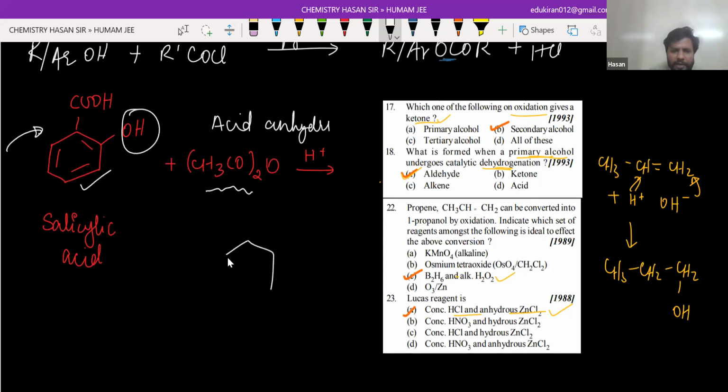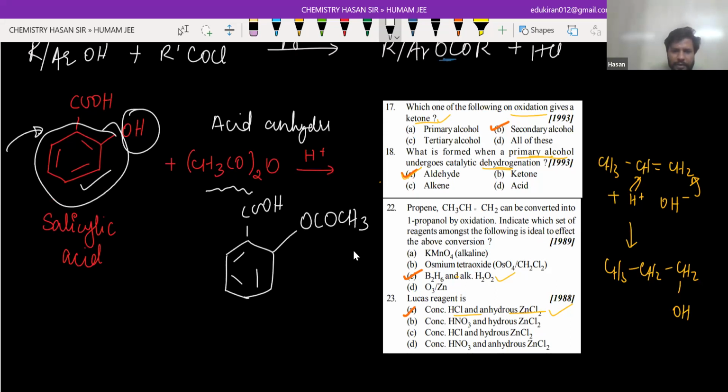The carboxylic acid will be as it is, it is not going to react, and this will be your R. Then there will be OCO and CH3, and with this carbon there will be carboxylic acid.